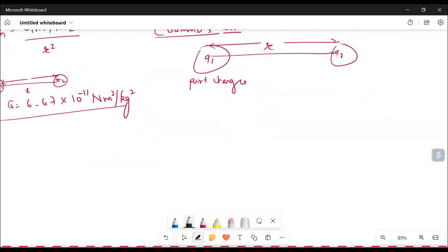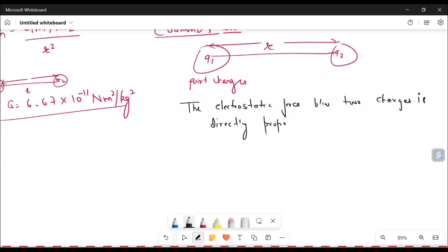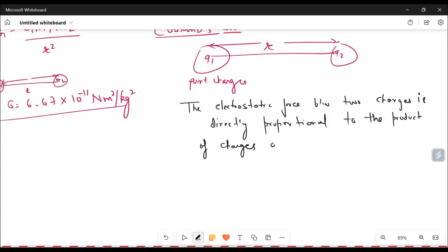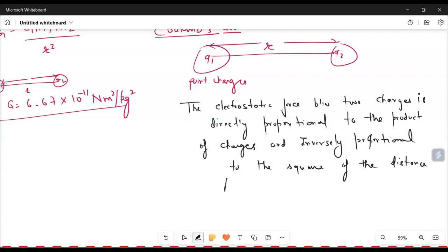Then Coulomb's law states that the electrostatic force between two charges is directly proportional to the magnitude of the product of charges, and inversely proportional to the square of the distance between them or separation. The distance we are denoting by r.